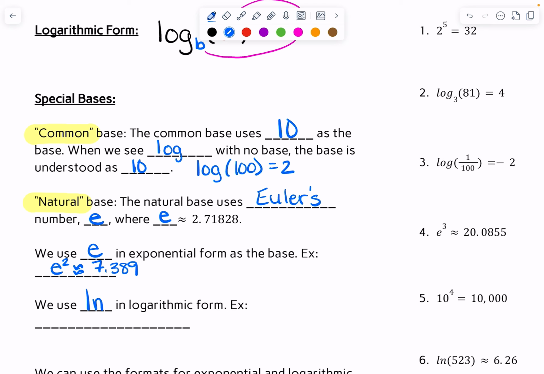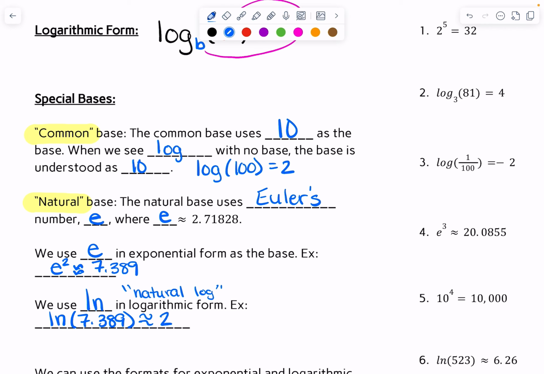And in logarithmic form, instead of using log base e, we're going to use ln. So that is understood as the natural log. So this is called the natural log. So an example here, if we use the same example as above, but in logarithmic form, that would say the natural log of 7.389 is approximately equivalent to 2.